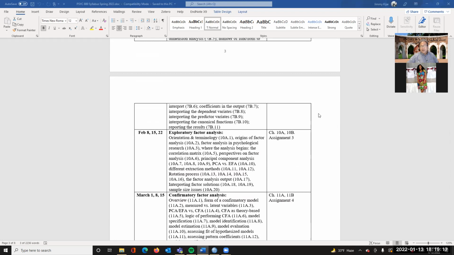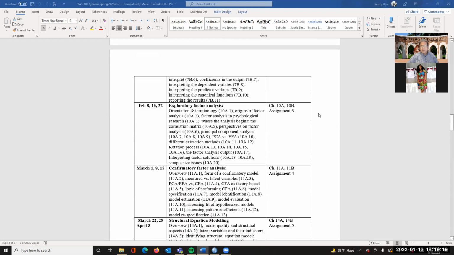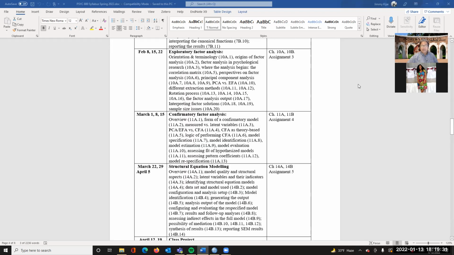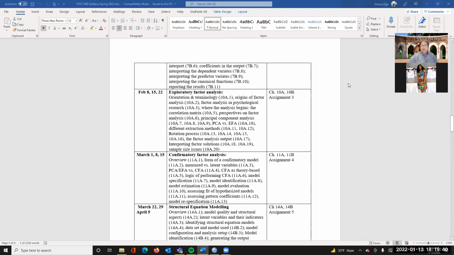All right. So it's really important that you have the software, both SPSS and Amos. We will start using Amos by about the beginning of March. That's when we will be using Amos to do confirmatory factor analysis.